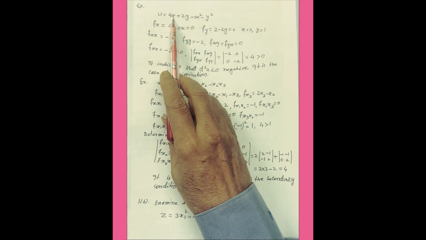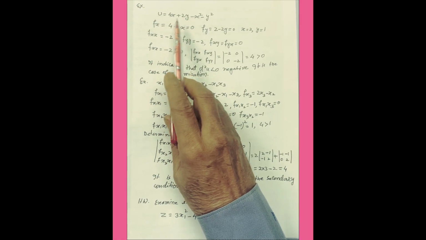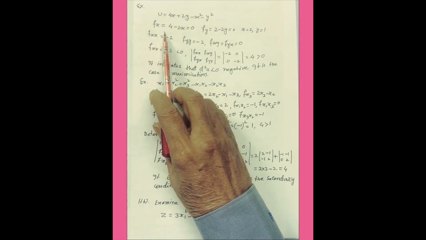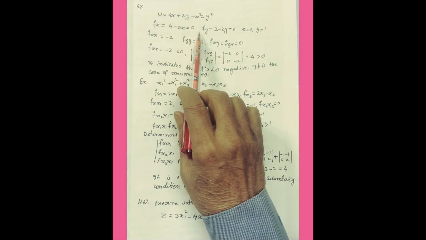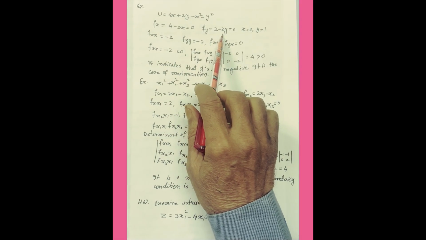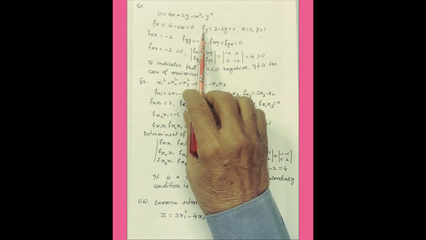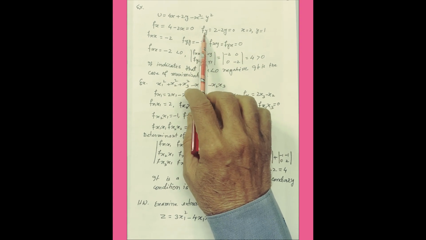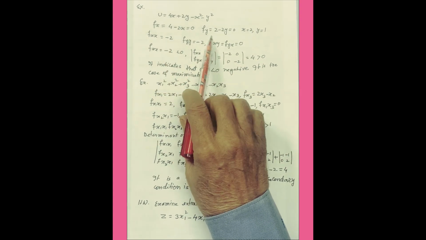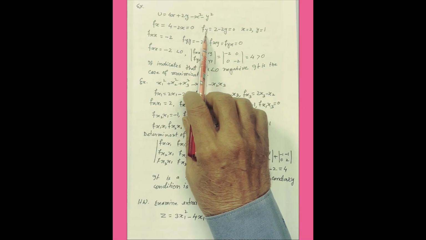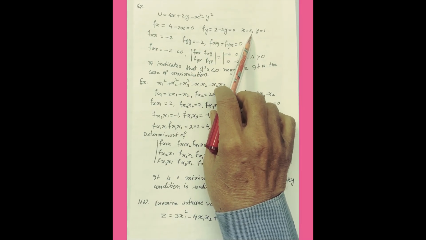If x is first, y second, then it is f1. So 4 minus 2x is equal to 0. Fy, 2 minus 2y is equal to 0. So first derivative with respect to y, first derivative with respect to x. So from here you can find out x is equal to 2, y is equal to 1.